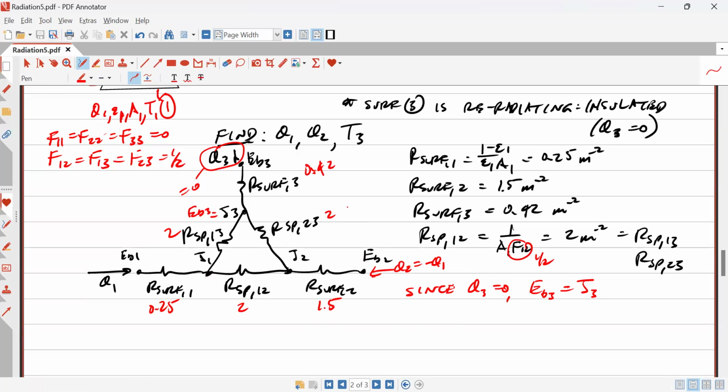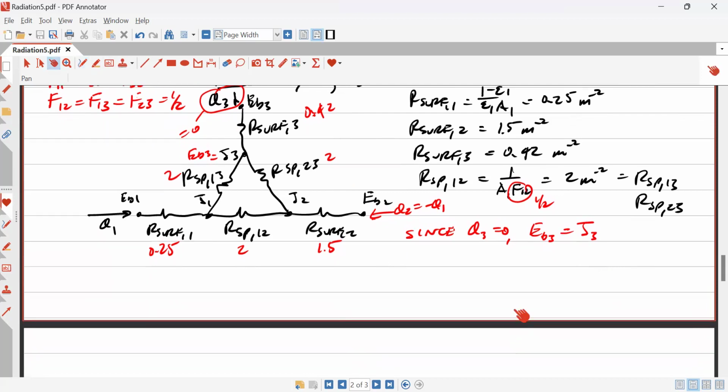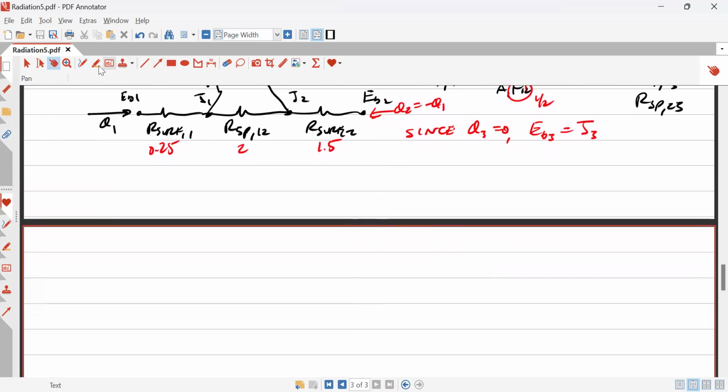Okay. So what we can do effectively is simplify this into a resistor network that looks simpler, but we'll capture all the important features for purposes of what we're trying to do here. So Q1 goes into EB1.